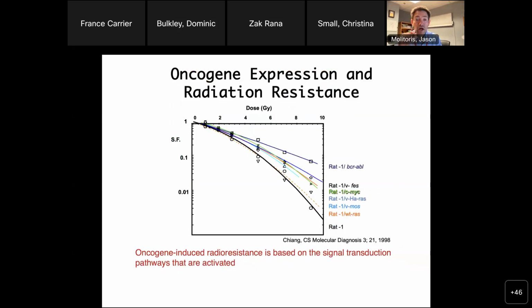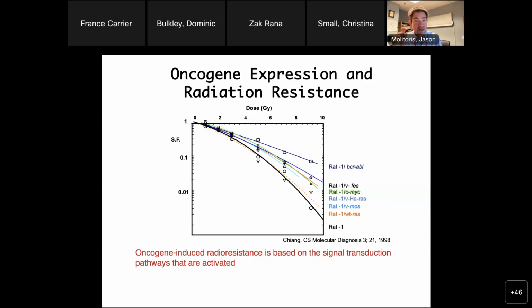So oncogenes do induce radioresistance. If you look at model systems where you increase oncogene expression inside of cells, you will actually induce radioresistance.